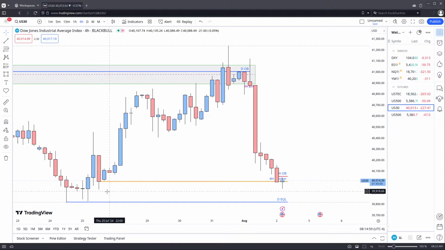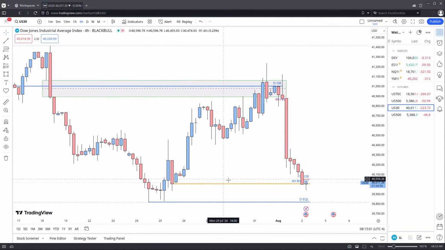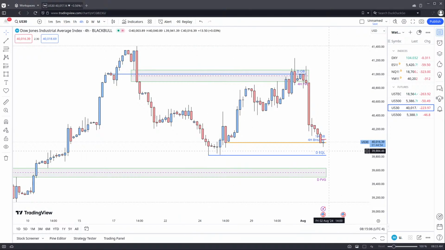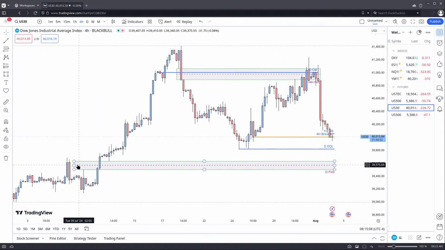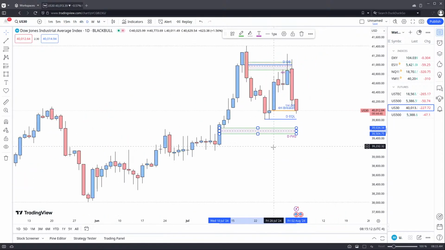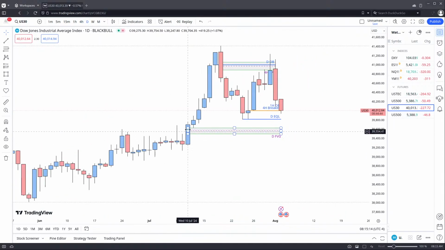We have that same high, low, higher high, same breaker block sitting here. Take note of that. And we have daily equal lows below us, as well as a daily fair value gap here. So there's that daily fair value gap, as well as the daily equal lows here.